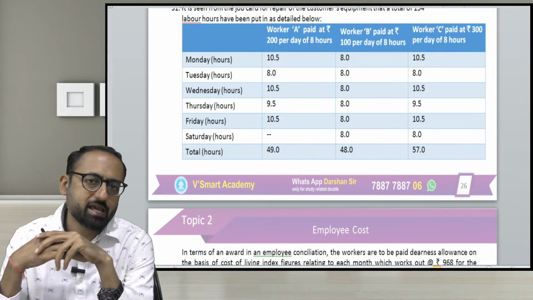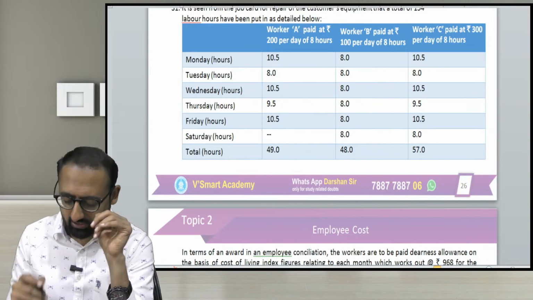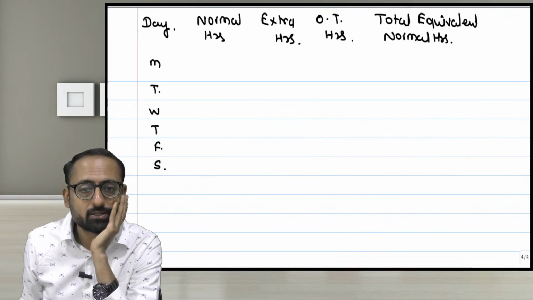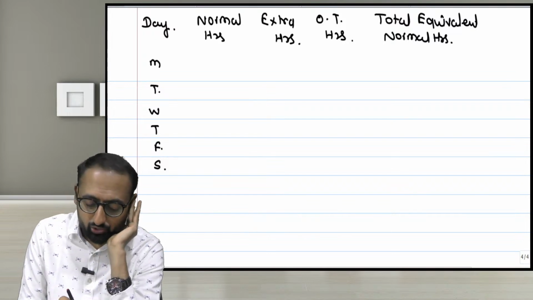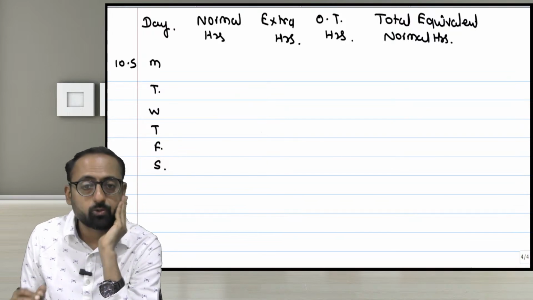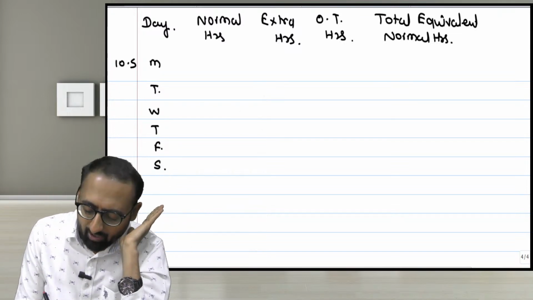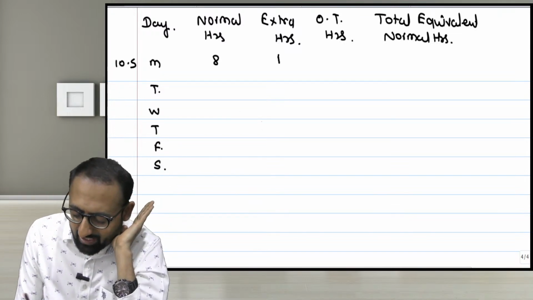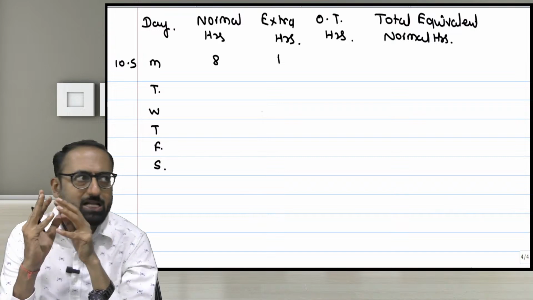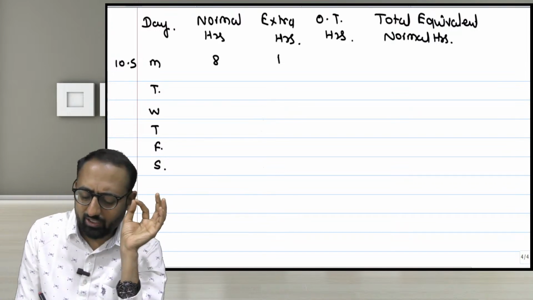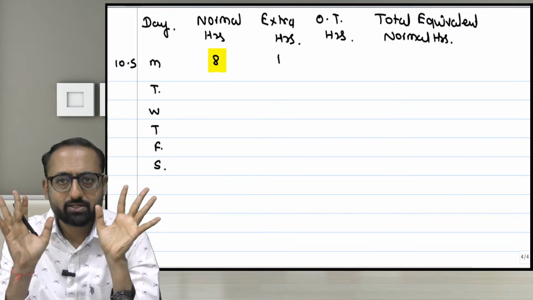As per the Factories Act, overtime will be beyond 9 hours. So let's see how I am presenting this. Although you are working for 10.5 hours, normal hours will be 8 and extra hours will be 1, because as per your company's policy, you are working a minimum of 8 hours a day on weekdays.